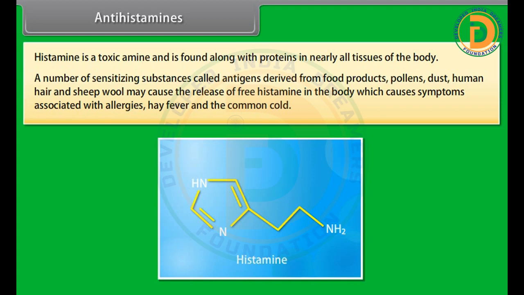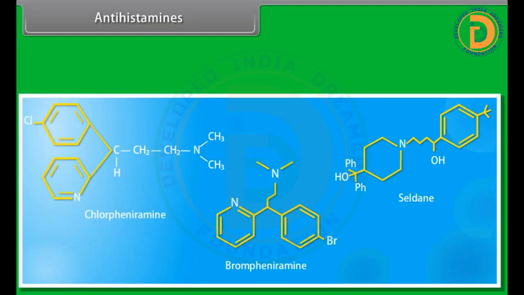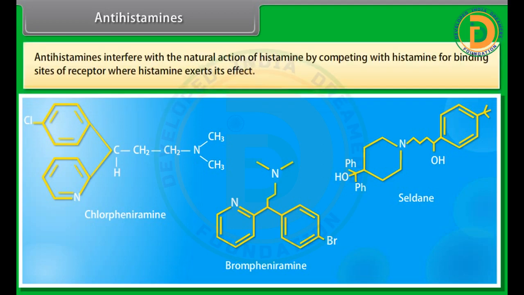An antihistamine relieves these symptoms by blocking the action of histamine. For example, chlorpheniramine, brompheniramine, and Seldane. Antihistamines interfere with the natural action of histamine by competing with histamine for binding sites of the receptor where histamine exerts its effect.